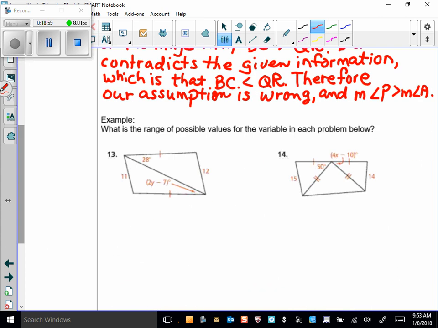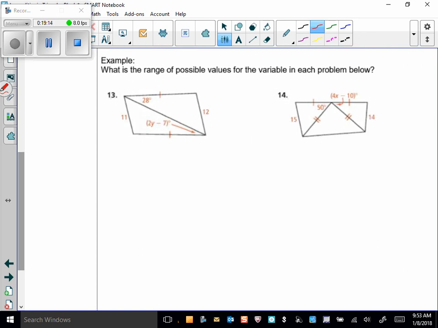What is the range of possible values for the variable? Oh, okay. All right, well, let's see what we got here. We got this congruent to this, and of course we know this is congruent to itself, so we got to look at these included angles here.